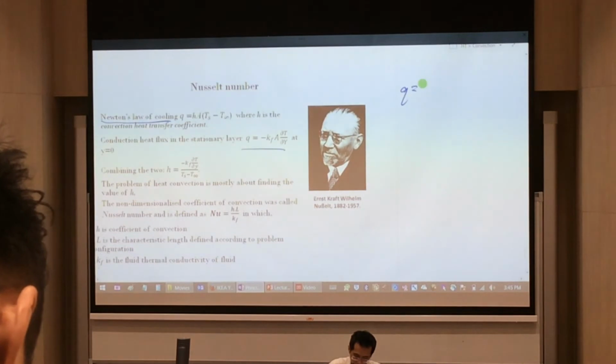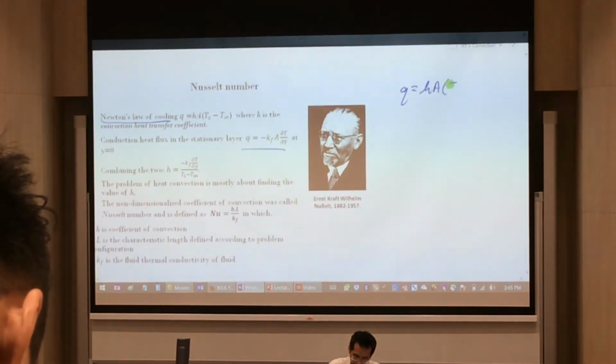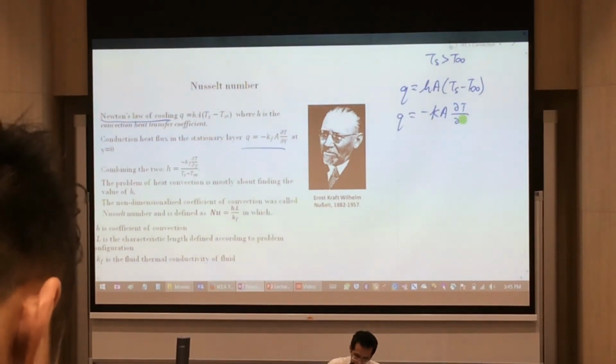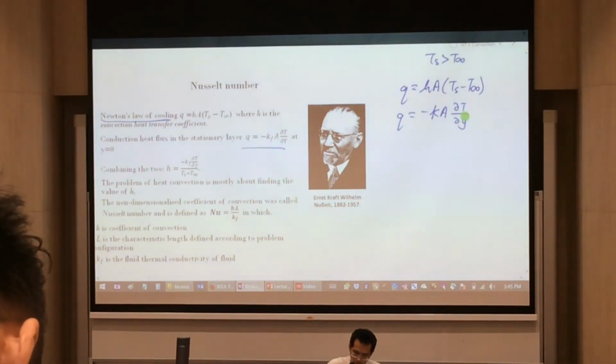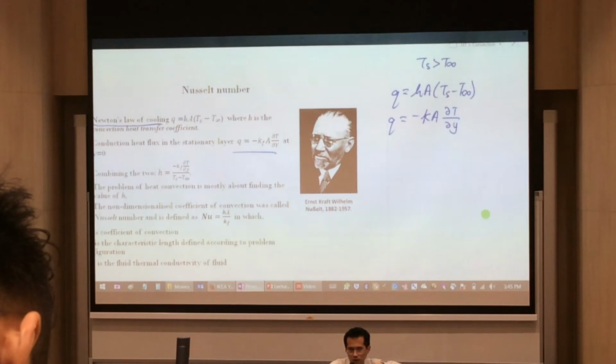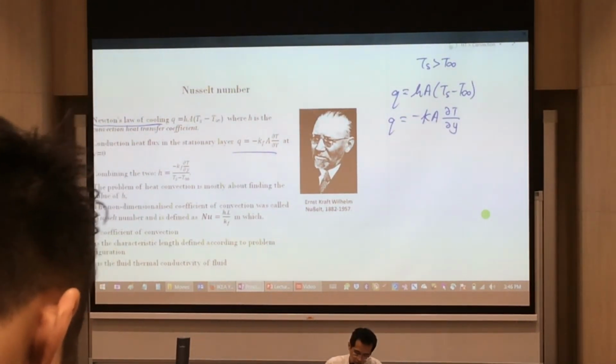Newton's cooling law says that Q is equal to HA (Ts minus T infinity), where Ts is greater than T infinity. And Fourier's law says that it's KA del T del Y, depending on where T is transferring across. Is it y-axis or x-axis?